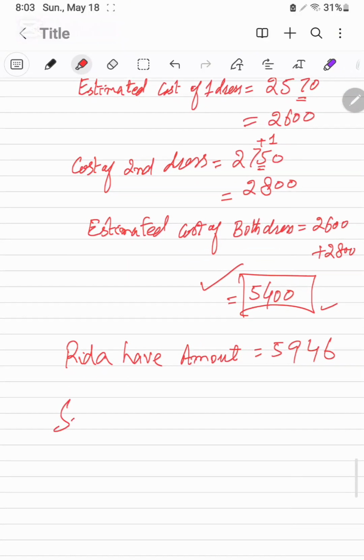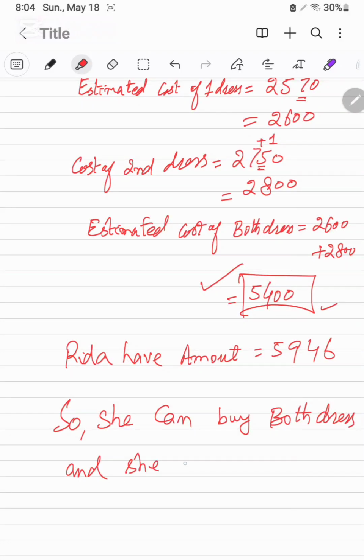So she can buy both dresses, as she has more money in her wallet.